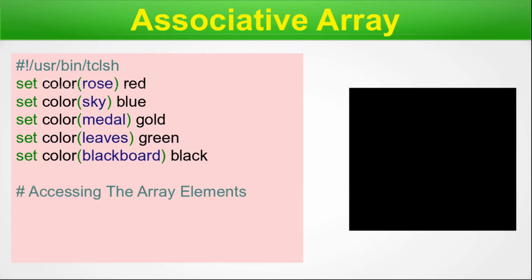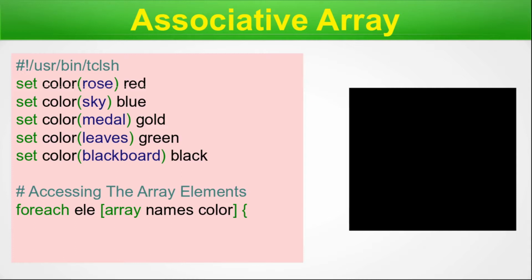So now how can we access the array elements? For that we are using the foreach loop. foreach, then the element le, and then we use array names color. So this will give all the index values, that is rose, sky, middle, leaves and blackboard, as a list.